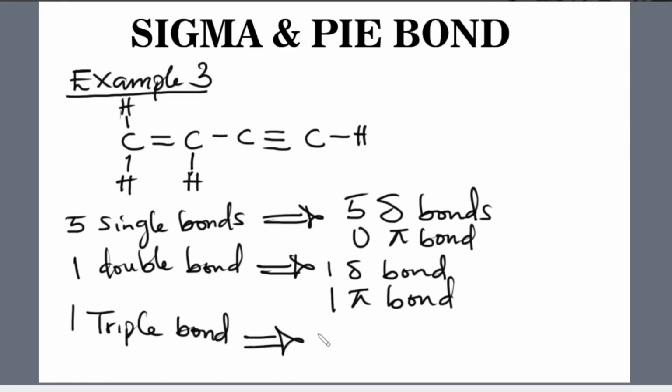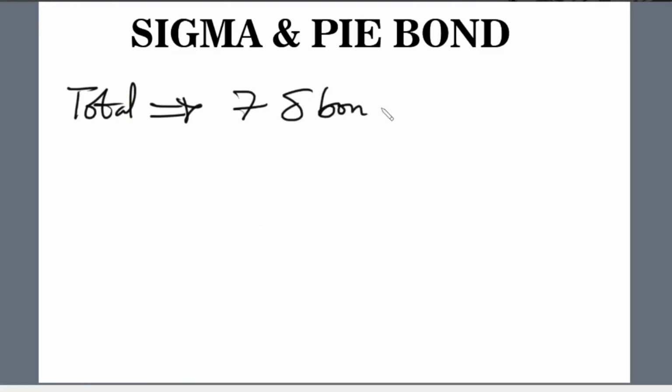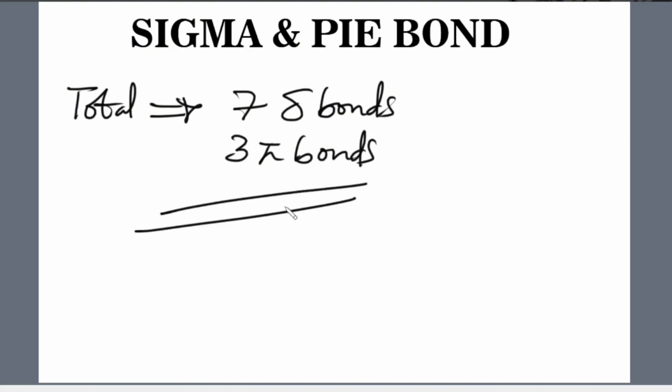So we have one sigma bond and 2 pi bonds. So in total, we have 7 sigma bonds and 3 pi bonds. So this is how we determine the number of pi bonds and sigma bonds in a compound.